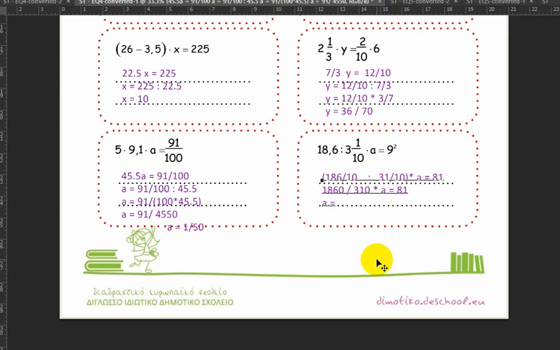So A is going to be equal to 81 times 10 over 1,860.